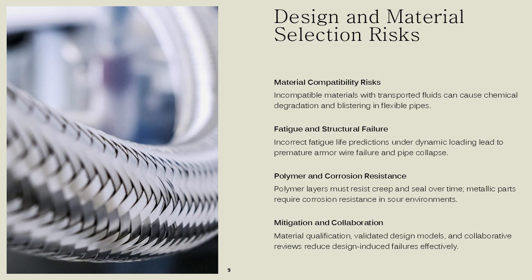Mitigation strategies include rigorous material qualification, validated design models, and adherence to API RP17B criteria for strain, stress, and collapse resistance. Collaborative reviews between manufacturers and purchasers ensure that functional requirements align with environmental conditions, reducing the likelihood of design-induced failures.